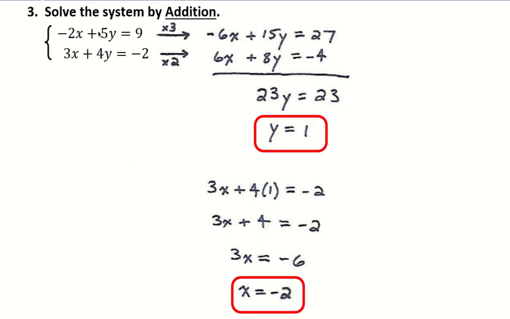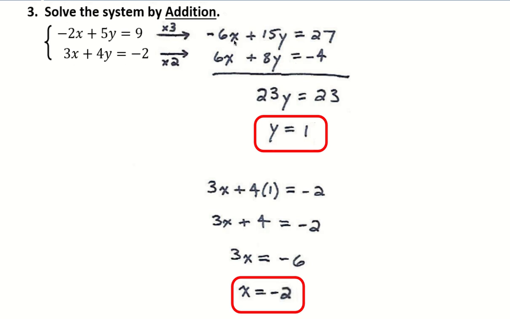But remember, you're multiplying. You can't just do that. The only way to do it legally is you have to multiply the entire equation, left side and right side, by 3. And the entire equation, left side, right side, by 2. And so when you do that, it turns this equation into this, and this equation into this.